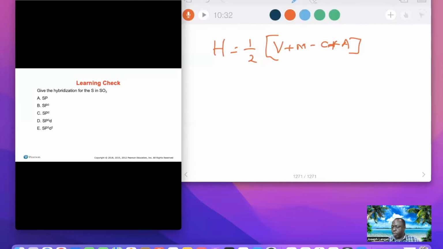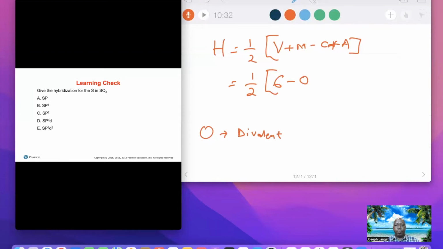So for SO3, 1/2, sulfur is in group 6, so it is 6, plus 0. Why 0? Because oxygen is divalent, which means it has two unshared electrons.